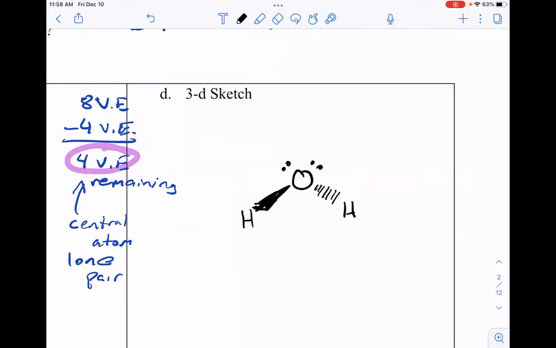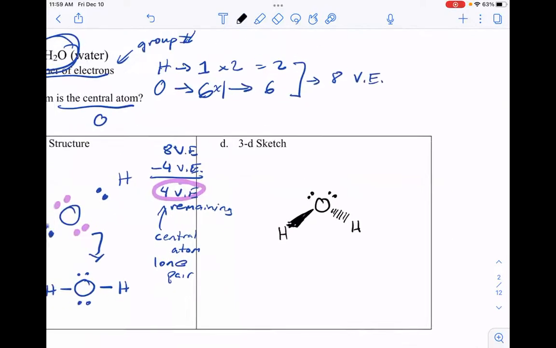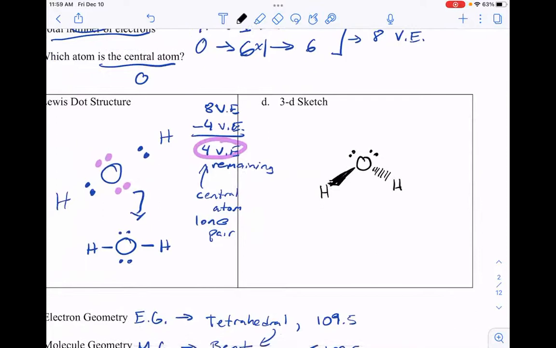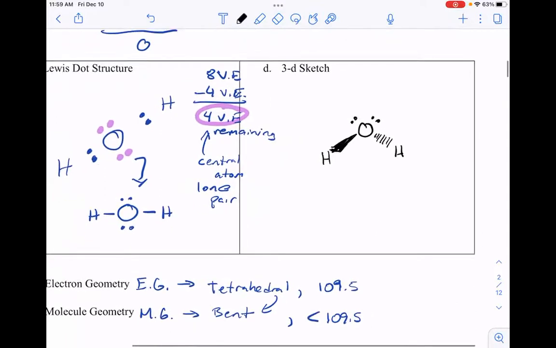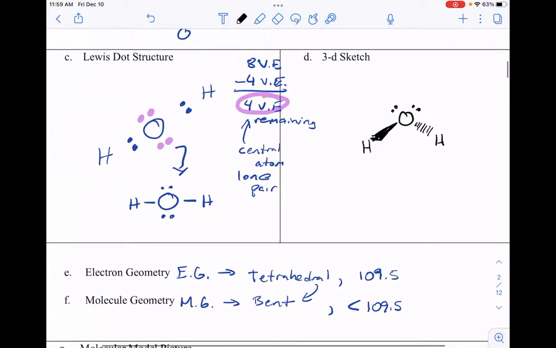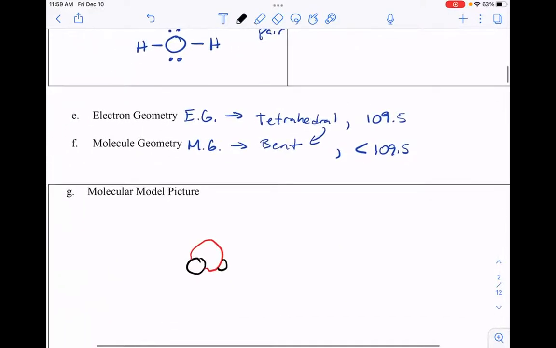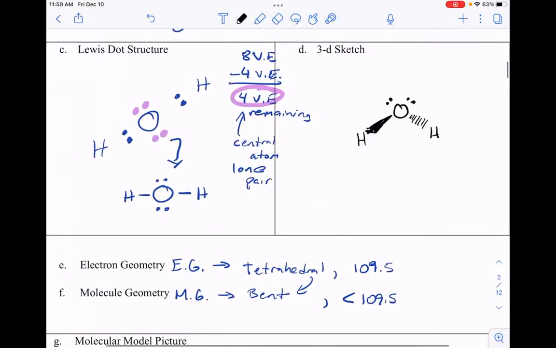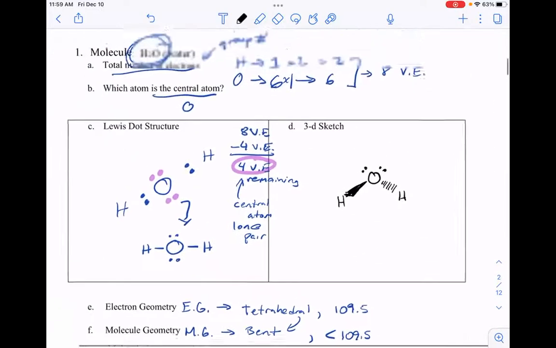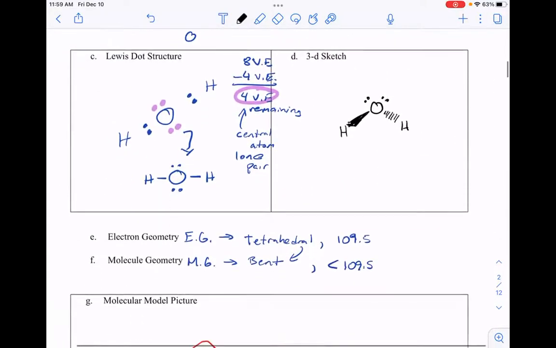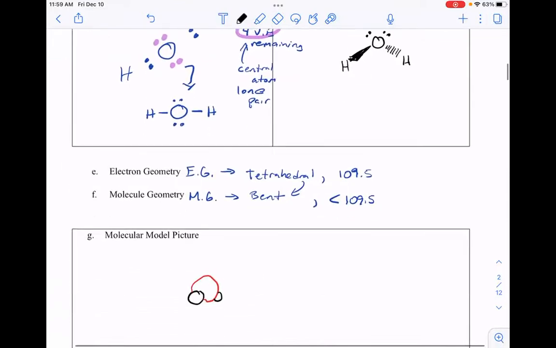And so your lone pairs, you guys can just go ahead and draw it, and that'll be that. Okay. And so your 3D sketch should match your molecular model picture, the picture of it that you're going to take. Any questions?